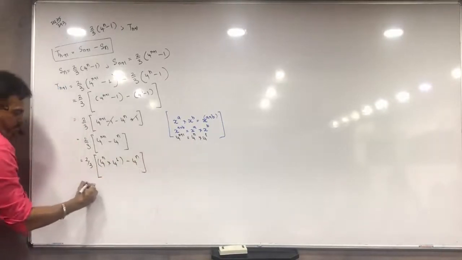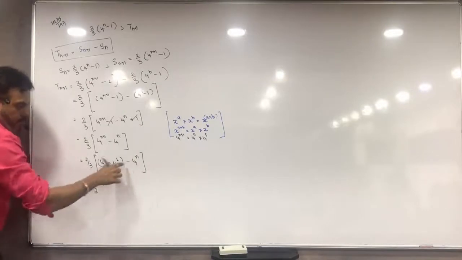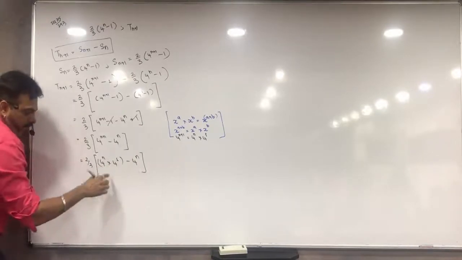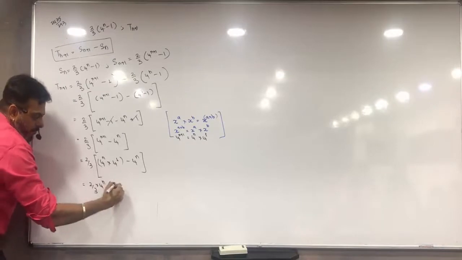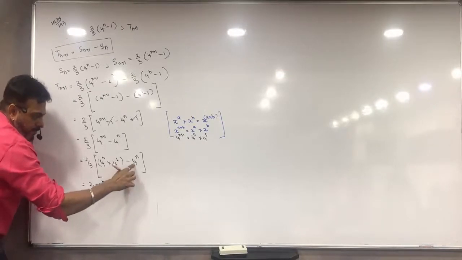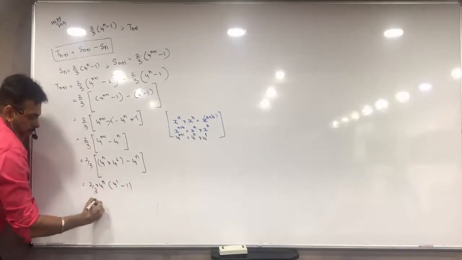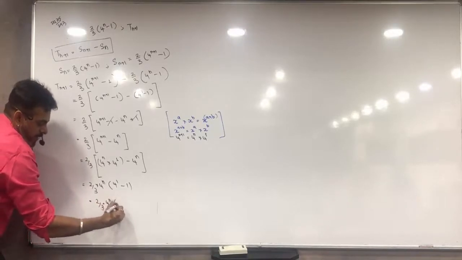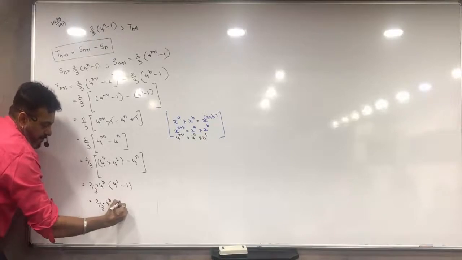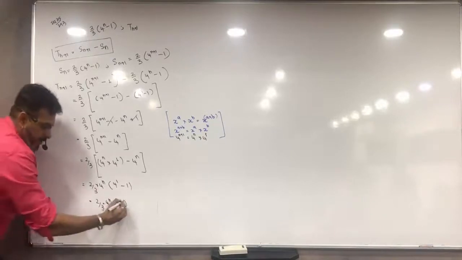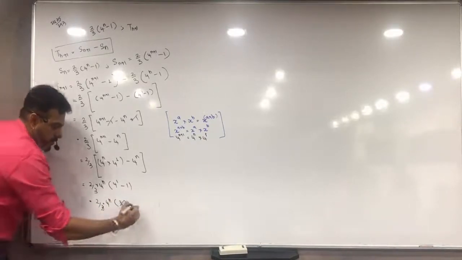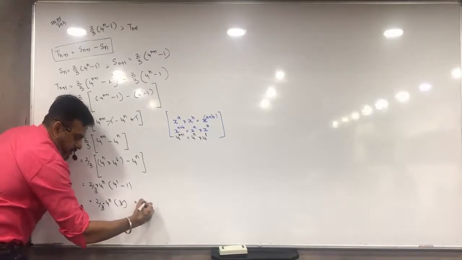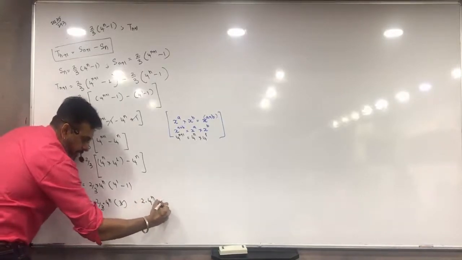Now over here, 2 by 3, what is common? 4 raised to n is common, so here 4 raised to 1 minus 1, which is equal to 2 by 3 into 4 raised to n. 4 raised to 1 is 4, minus 1 is equal to 3. 3 cancel, which is equal to 2 into 4 raised to n.